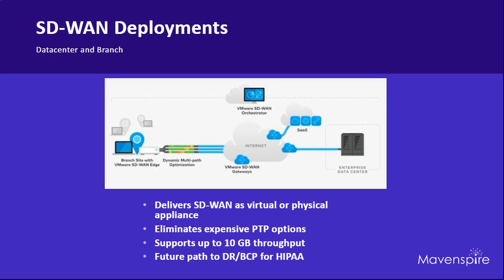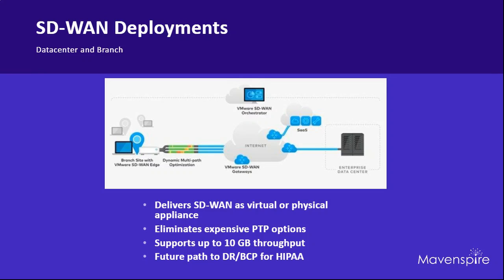Here you're able to add sites within hours, not months. You're able to use the existing bandwidth that may be there for internet connections. And you're able to do so securely because the SD-WAN is able to segregate traffic.